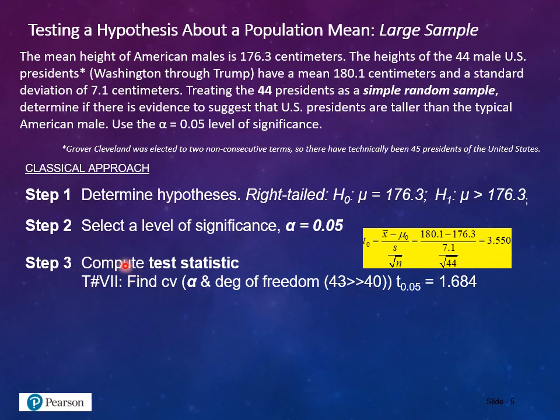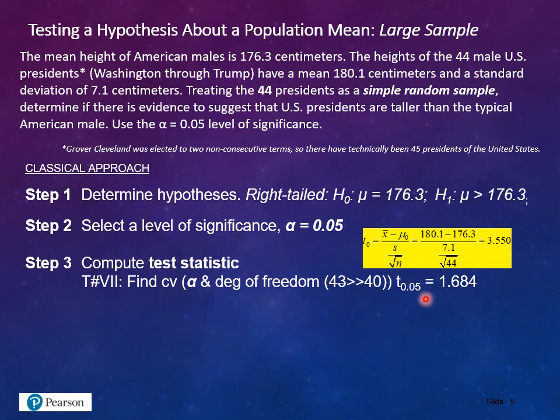If you look at table 7, you'll find that at the higher levels of sampling, we don't have every sample size covered. So it goes by tens at a higher level. And so since we wanted to use 43, we're going to go ahead and use the 40 degrees of freedom to find our critical value for the test statistic.